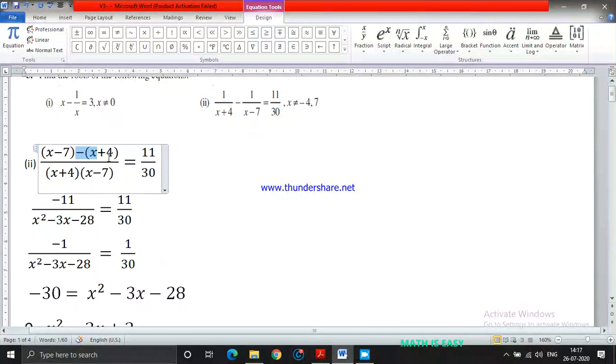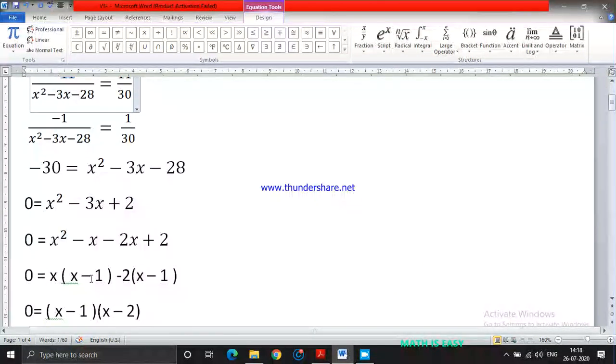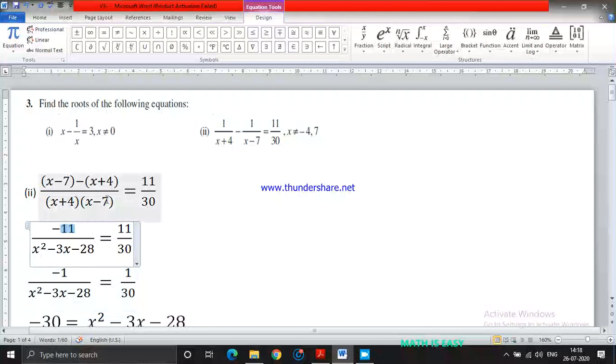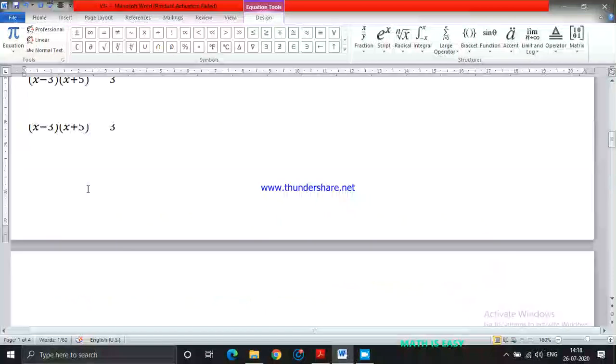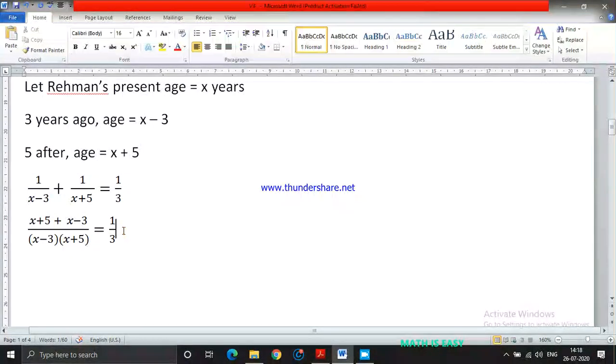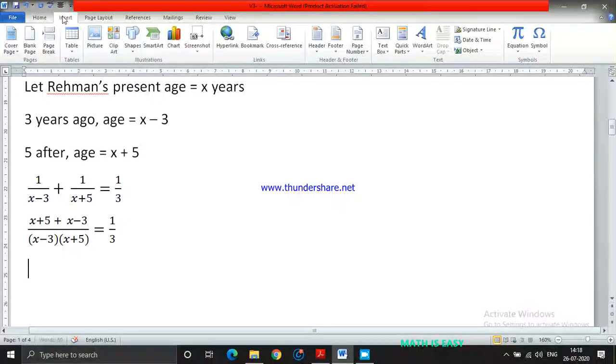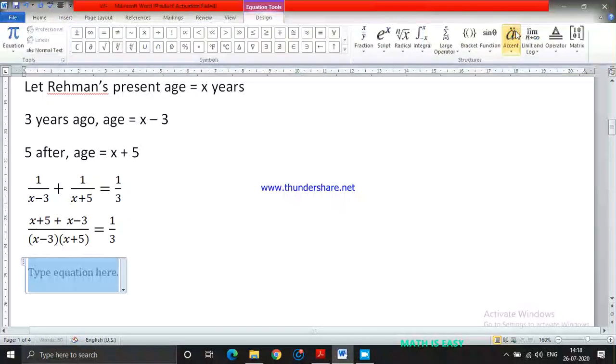And after keeping the plus 4, then what you get? Minus 7 plus 4 will be 3. So this won't get cancelled. 11 will not get cancelled. Then even if you do all the process correctly, by taking one step wrong here, instead of minus 10, they take plus 10 and they do everything correct, but still you won't get the marks, okay? Because the first step itself is wrong, so marks will not be assigned there. So you have to be careful, especially when you have negative terms.